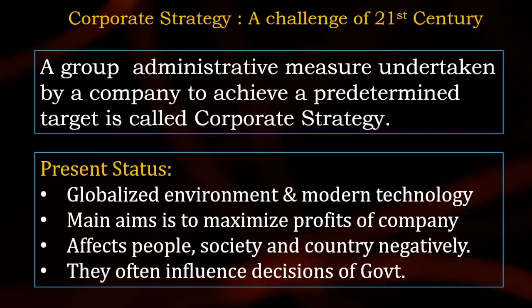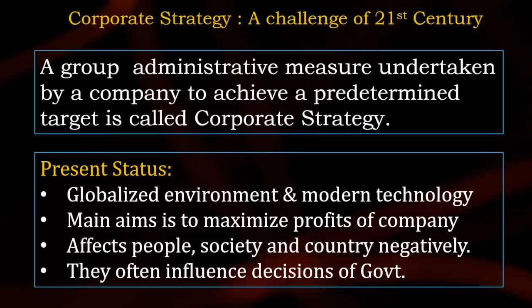When the main aim of the companies is to maximize profits, that will affect the people, that will affect the society, and it will have a negative effect on the country, because the main objective of these companies is only to maximize profits, and they can do that only by making use of the people of the country.